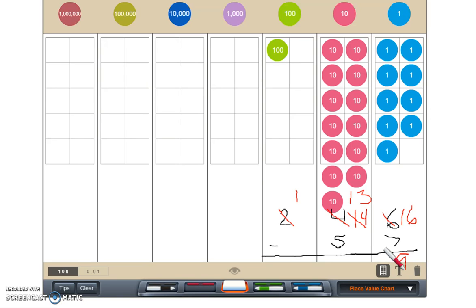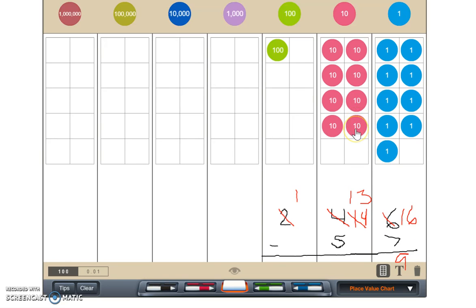Now I'm going to move to my tens place. 13 tens minus 5 tens. So I'm going to take away 5 tens. It doesn't want to let me group them, so I guess I will take them individually. 1, 2, 3, 4, 5 tens.